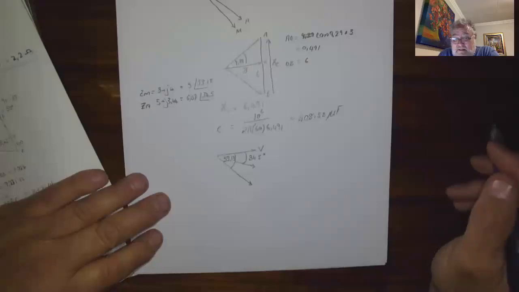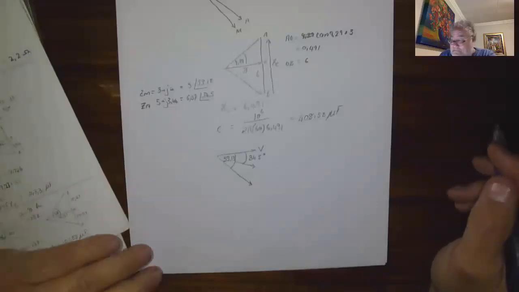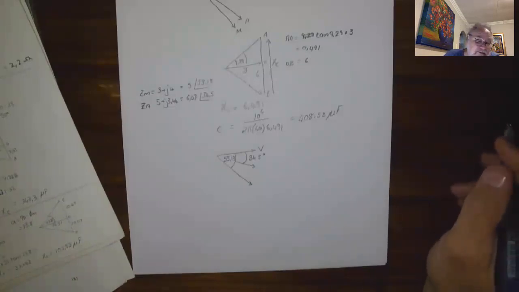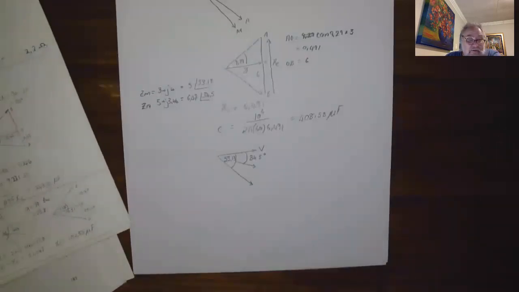Right, now they say they add a 300 microfarad capacitor. We must calculate the additional resistance needed in the starting circuit to give optimal starting torque.